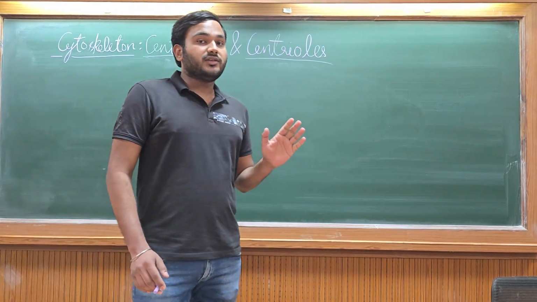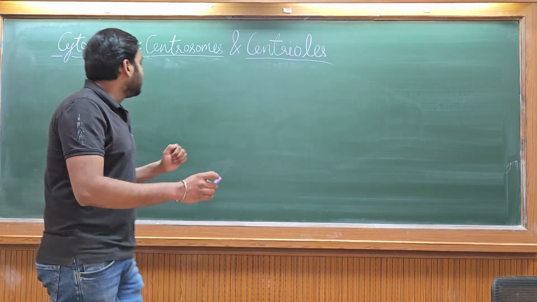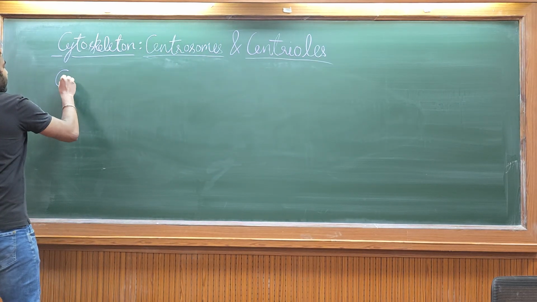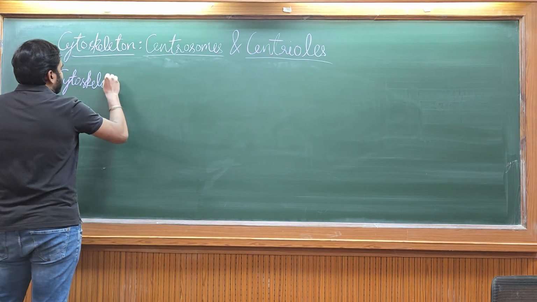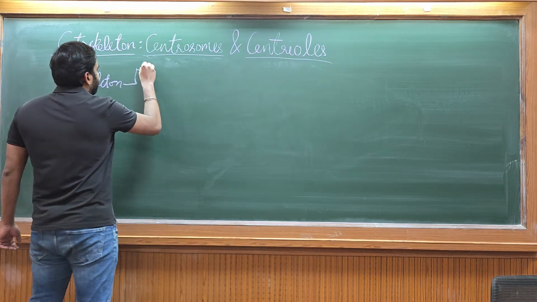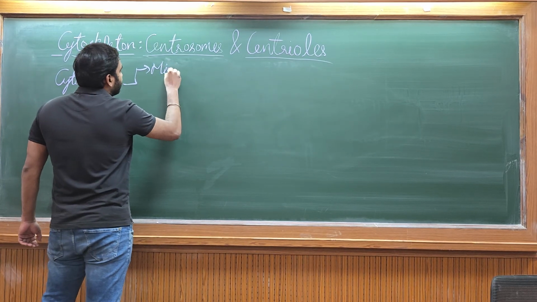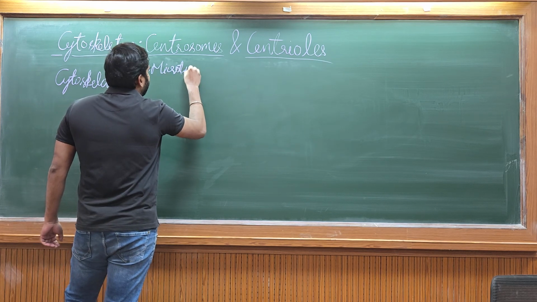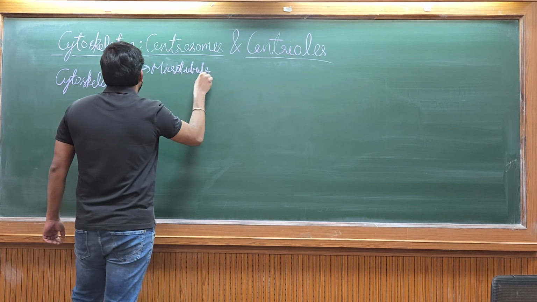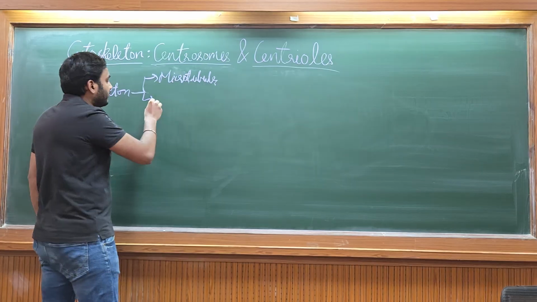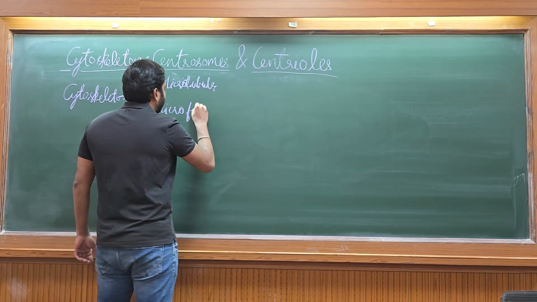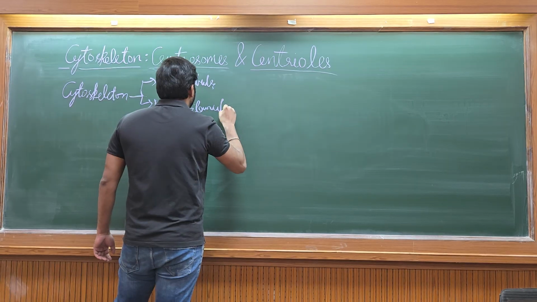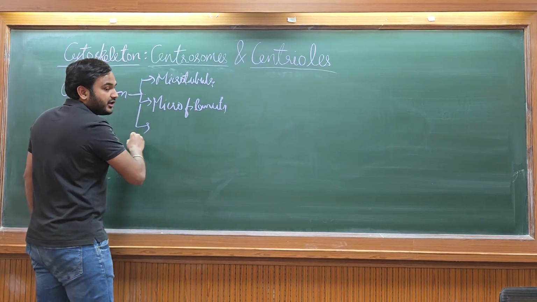The cytoskeleton mainly comprises three things, namely microtubules, microfilaments, and intermediate filaments.